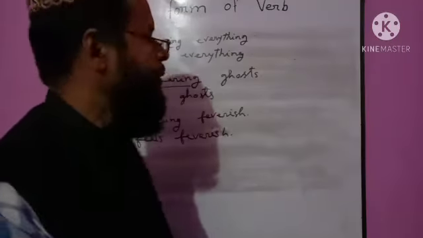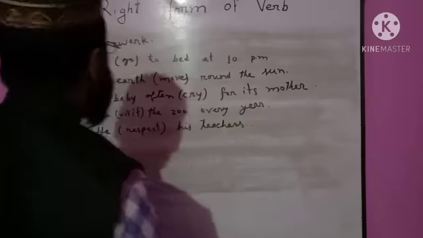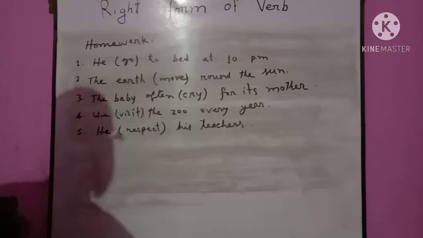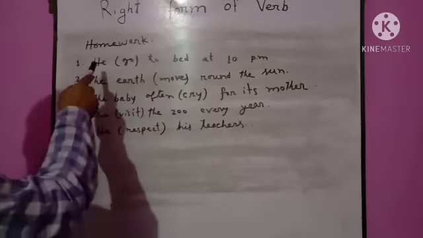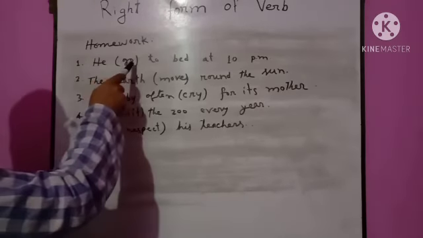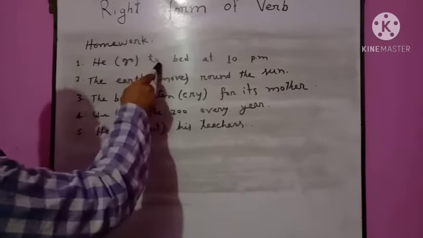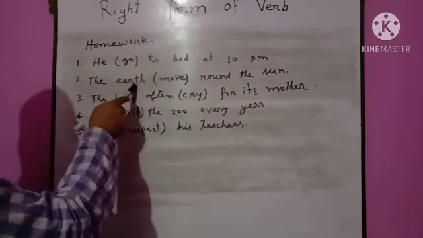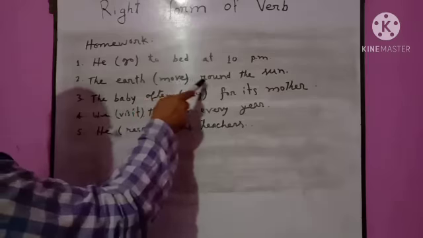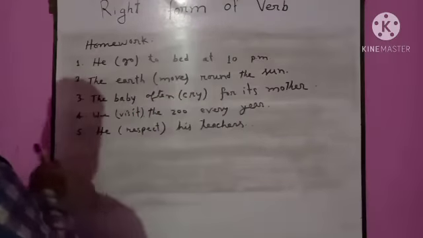Now I shall give you some homework. Look at the five sentences for your homework. Number 1, he go to bed at 10 p.m. Number 2, the earth, in bracket, move round the sun.